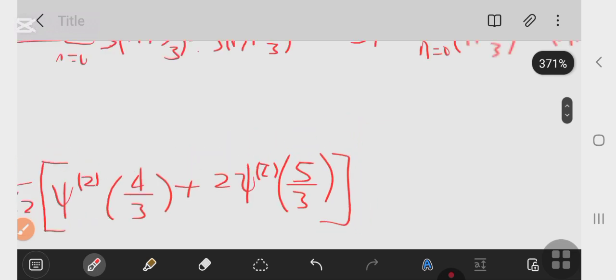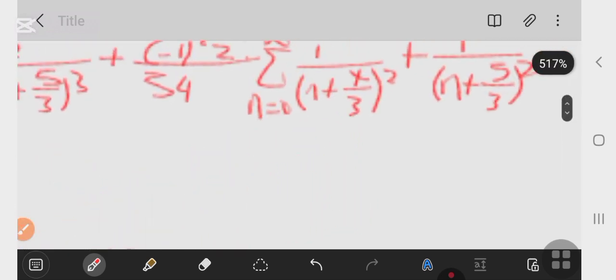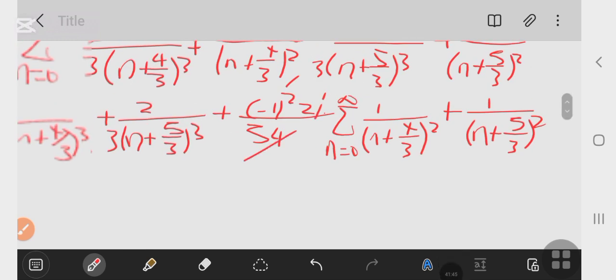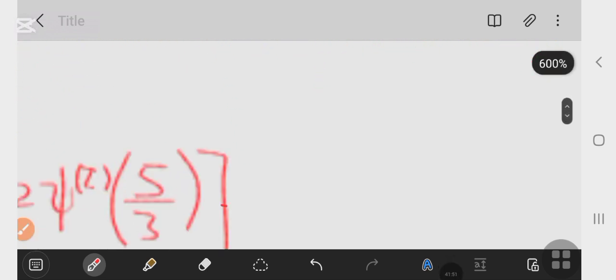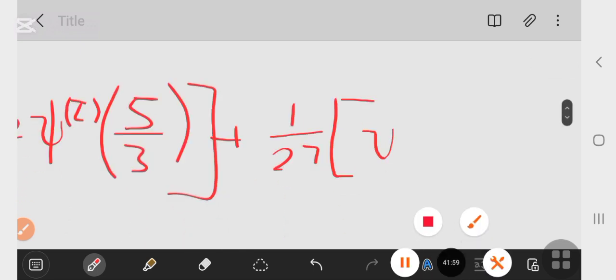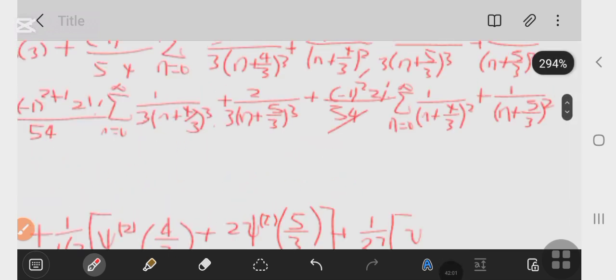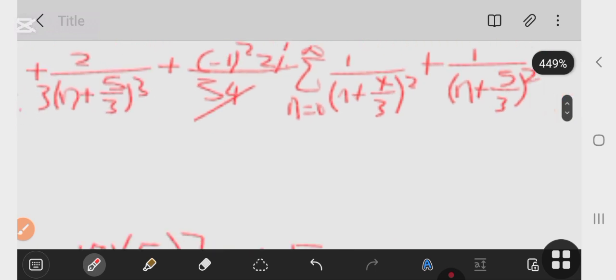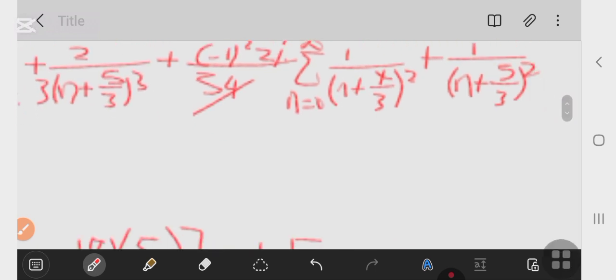Okay, now in this other part I have 2 over 57. 2 divided by 57, I'm left with plus 1 over 27 all into this other sum, on its own part here, is obeying the rule of the digamma function.